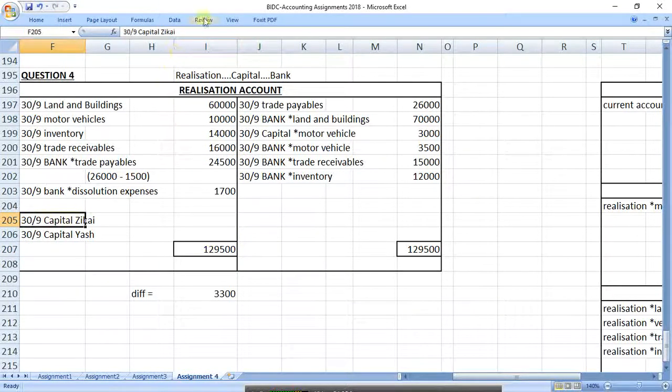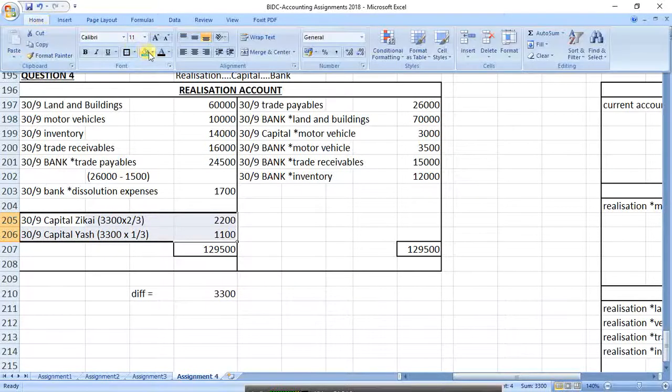I'm going to show this working in brackets. 3300 times, how much did Z get? 2/3. And then Yash gets 1/3. 3300 times 1/3. So let's check. This times 2/3, this times 1/3. So that's what they get.